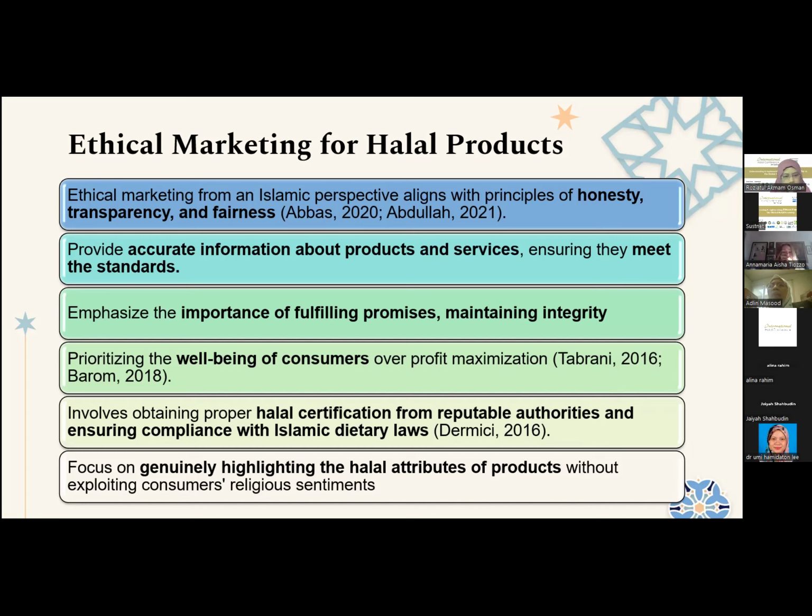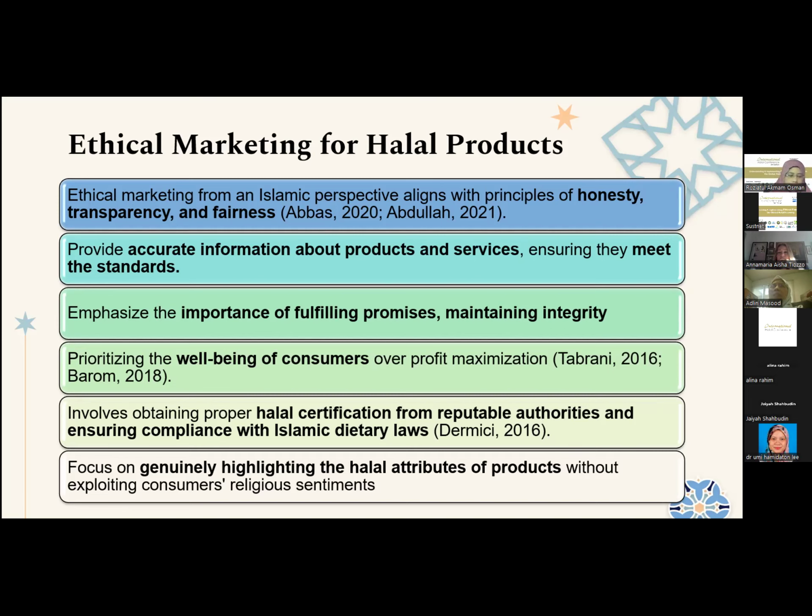Now, a lot of companies prefer to go to consultants, especially in Malaysia. And then the consultants sometimes are not actually from a reputable halal certifying body. I seem to recall a friend told me this story about 9 years ago.